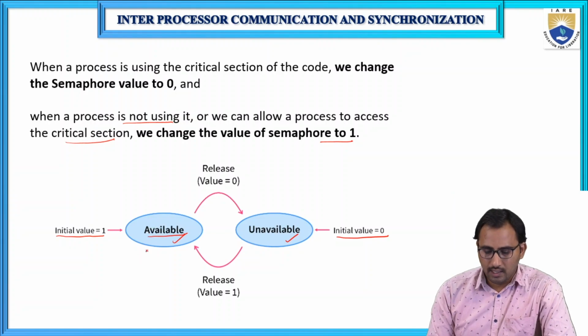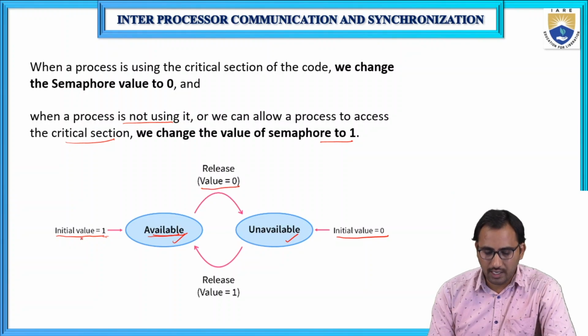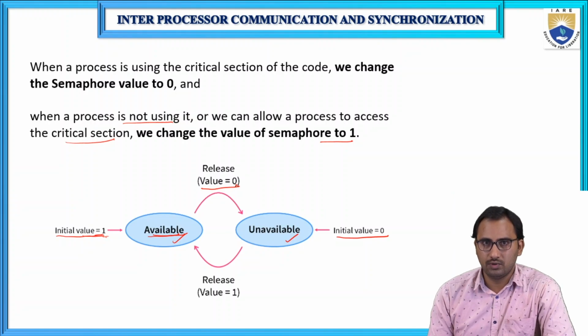When the value is 1, the available state, we can change it to unavailable by releasing the value. So the value will be 0. Initially it is 1, but we make it 0, changing from available to unavailable.